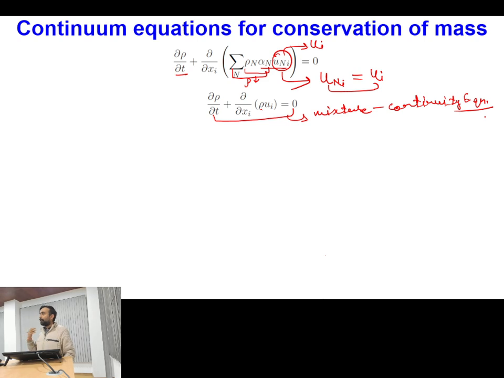The homogeneous model is applied for situations where there is no relative motion between the phases. So that's why when I will be using the homogeneous flow model, at that particular point we will be using this mixture continuity equation. Okay, is this point clear? So you can note that this equation will be used later when we talk about the homogeneous flow model. Okay.